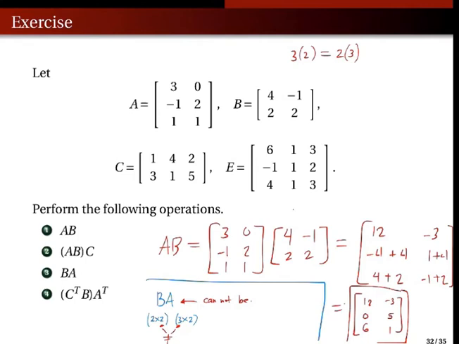Question? Now, look at number 2 and number 4. So you have the brackets. Start with the brackets and then multiply the other matrix.